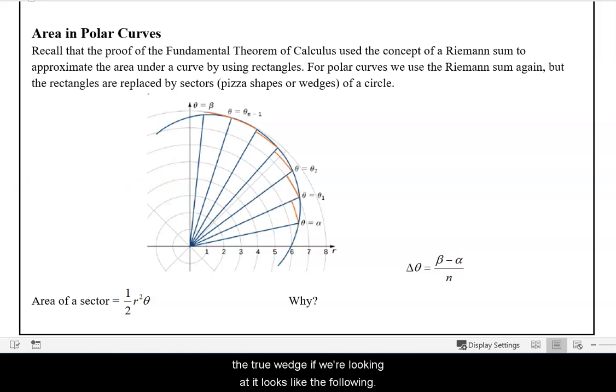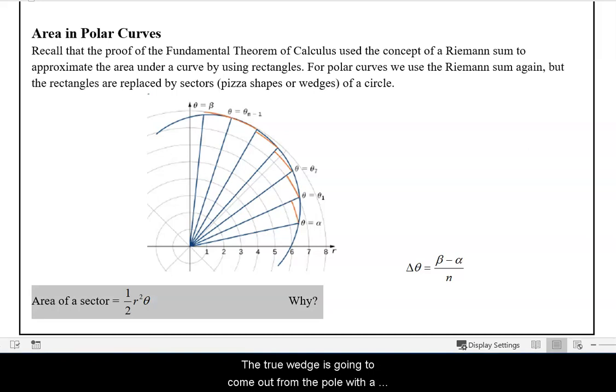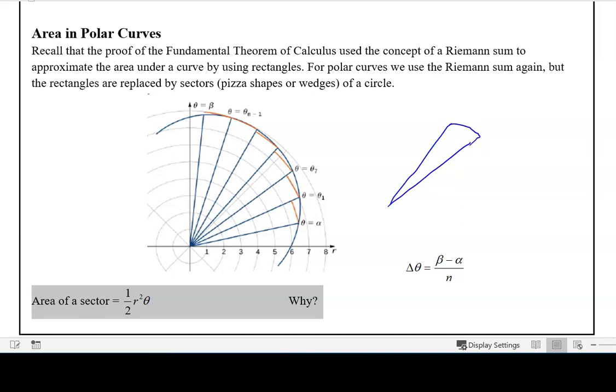The true wedge is going to come out from the pole with a corner and have some kind of curved end on the end of it. It's not really the sector of a circle because this part where the curvature is probably not on a circle itself. It is, however, curved, which makes the circle a reasonable approximation to it.